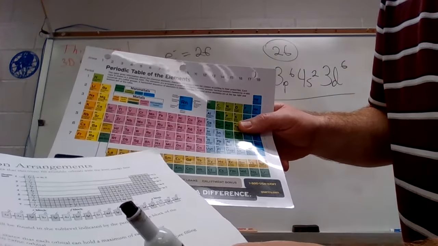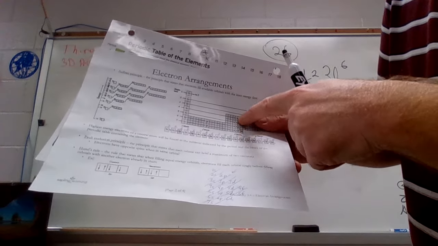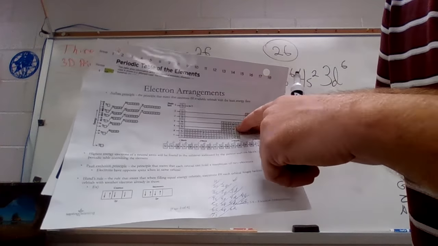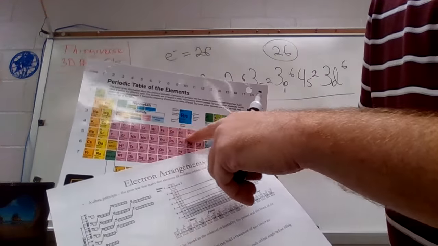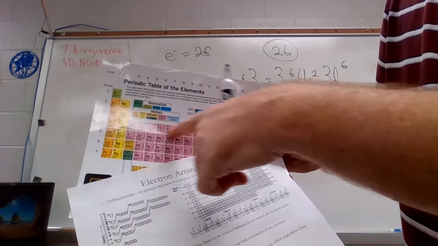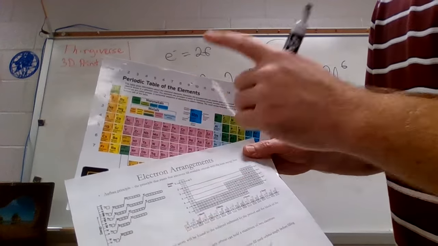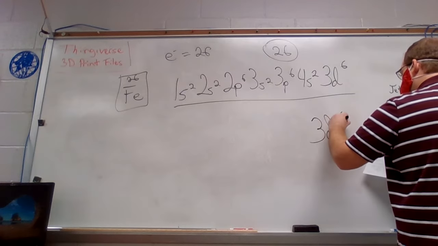You see there are 4 rows in this block. And so there are 4 rows in the d block here. The top row is 3d. And so I'm talking about the top row right here. And iron is the 6th element over in this top row of the d block. And so I should know that the last thing I need to write is 3d6.